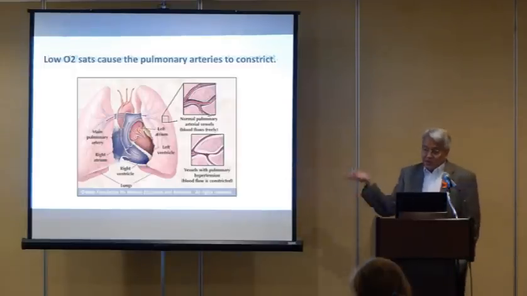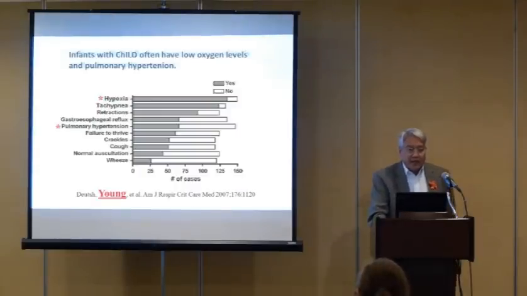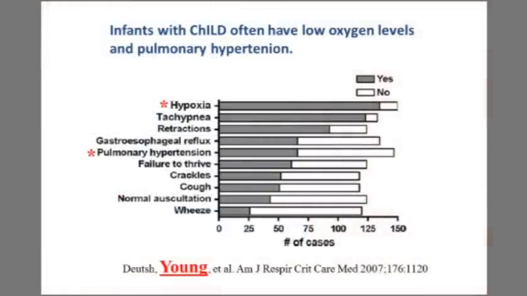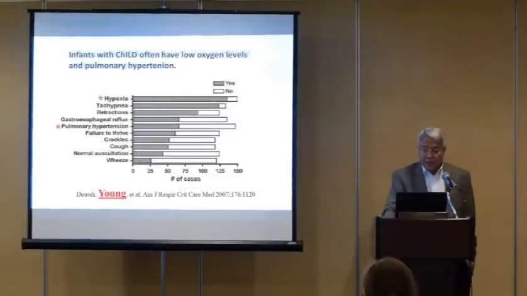And the net result is that the pressure goes up. And this is not a good situation. And again, in Dr. Young's study, almost half the patients tested had evidence of pulmonary hypertension. So again, common to have hypoxia and common to have the consequence of hypoxia, which is pulmonary hypertension.